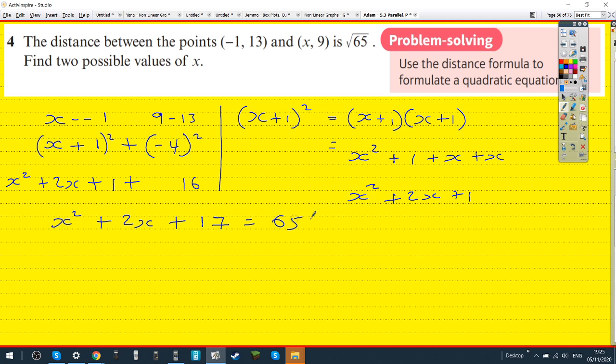Correct. It is the square root of 65 squared, because it's like a squared plus b squared is equal to c squared. What is the square root of 65 squared? Is that just 65? Yep.